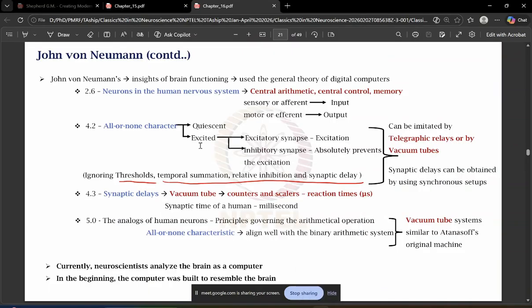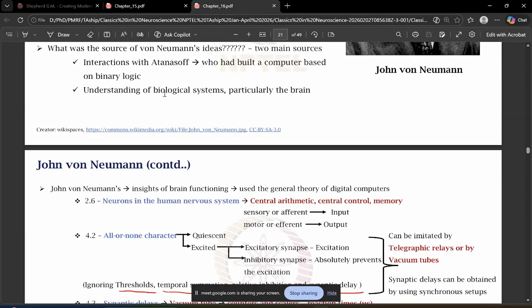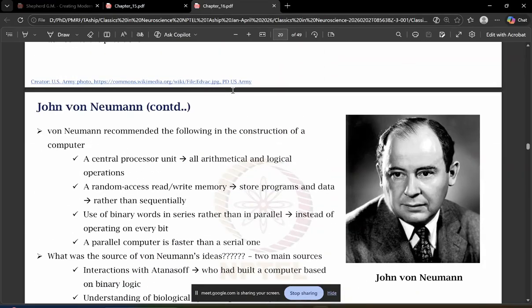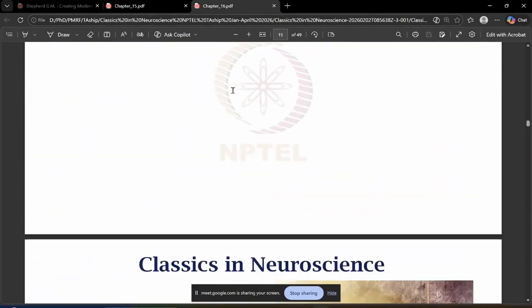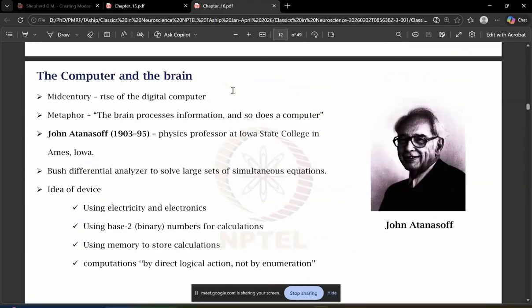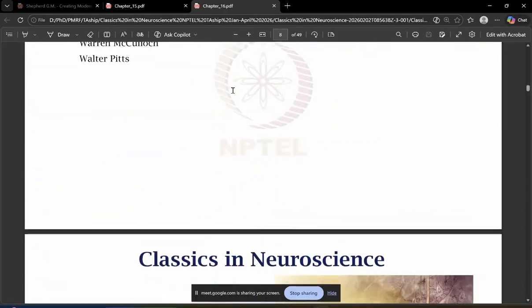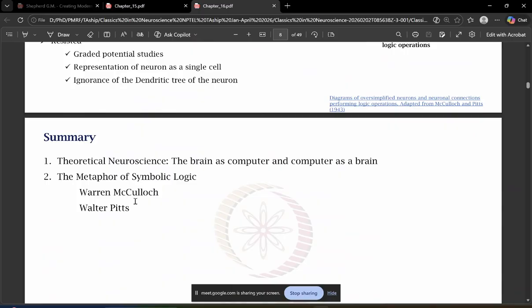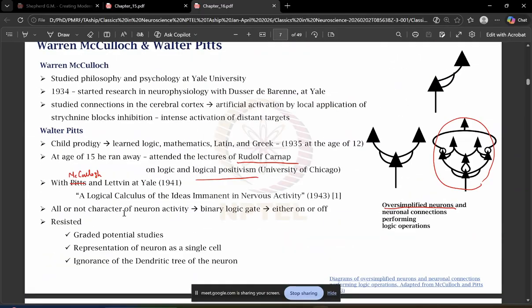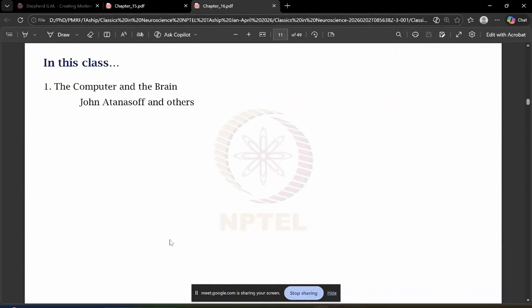But he also had certain other ideas. So, what is the evidence that he used the oversimplified network proposed by Walter Pitts and Warren McCulloch, by which he apparently might have been inspired? How do we know?